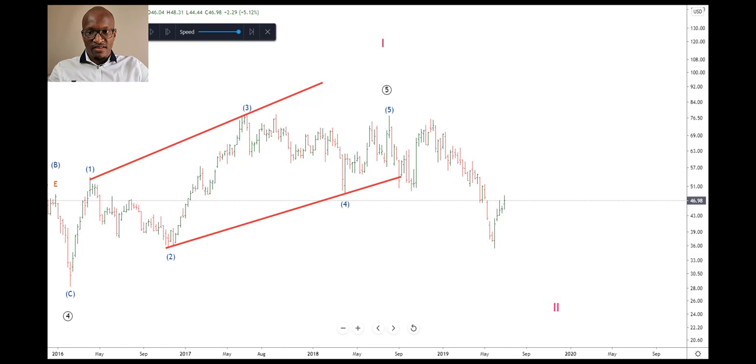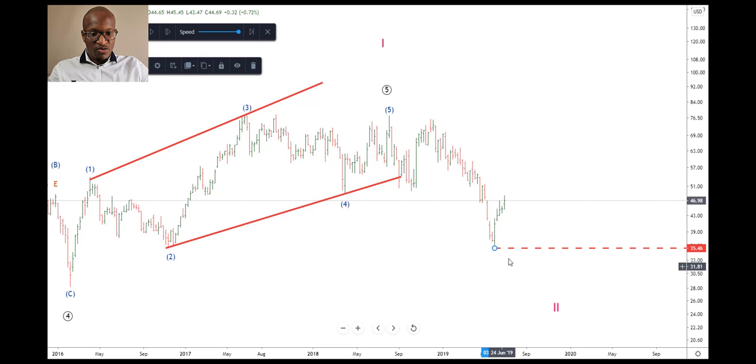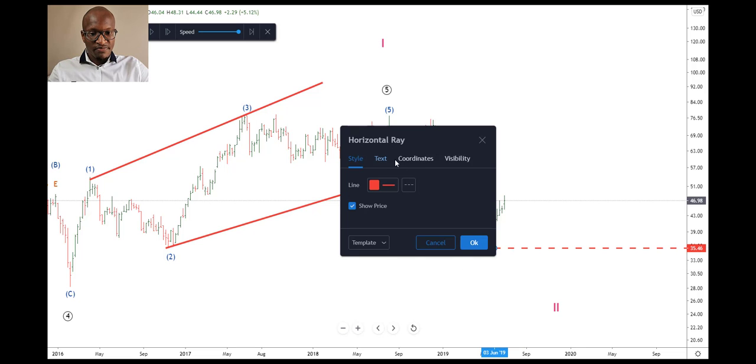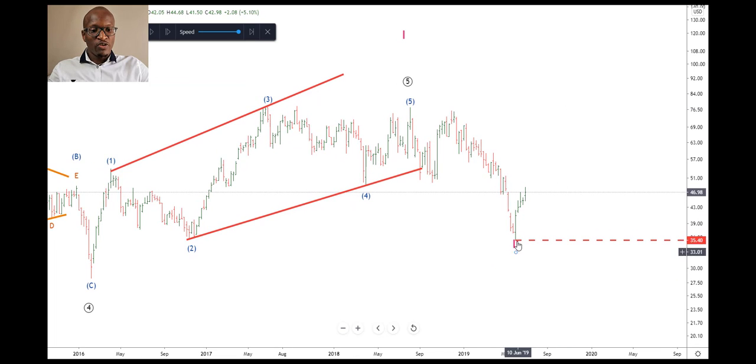So we can identify that low. It's a significant bottom. And we can label this as wave 2. And also this wave 2, you can see it also went down in 3 waves. A, B, C.